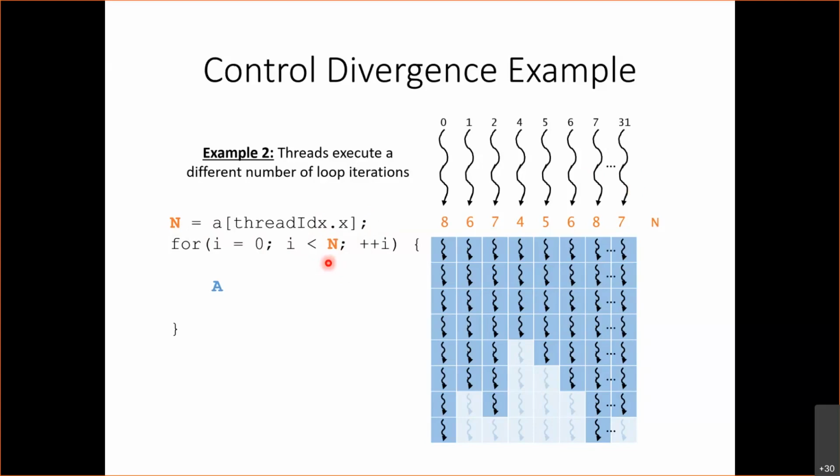One optimization that the programmer can do is, if our computation allows us to sort A, then we can sort A such that some warps will have large values of N, and the threads in other warps will all have small values of N. This helps reduce the control divergence a little bit, and it is commonly done in applications that suffer with this kind of code. We will look at an example of this kind of optimization much later in the course.